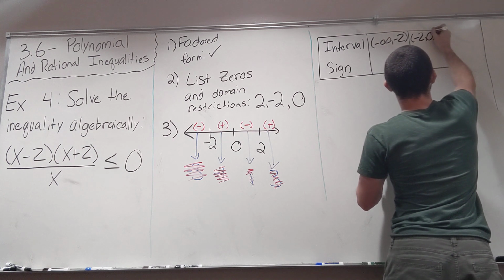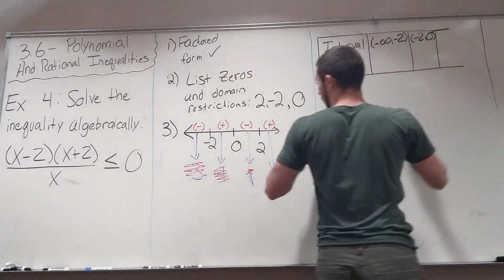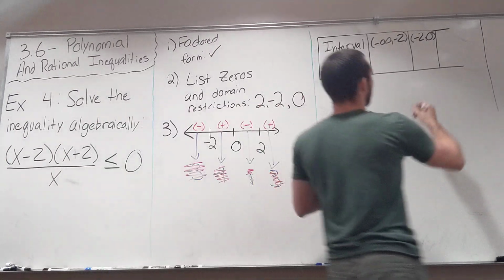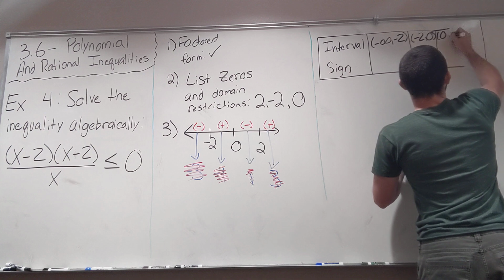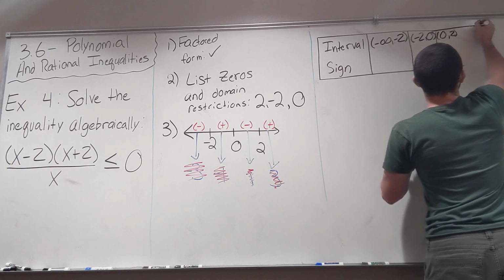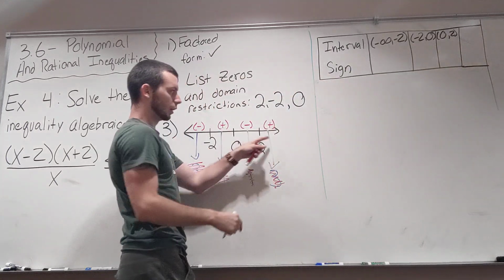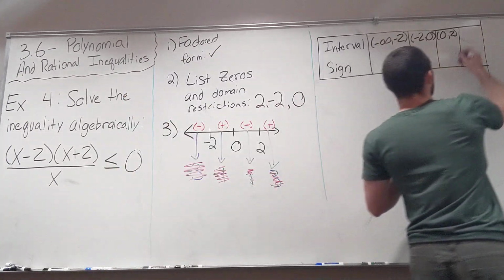And we keep going. Next one is 0 to 2. And the final one is 2 to positive infinity.